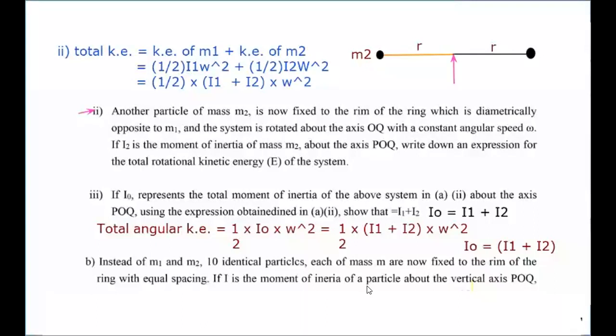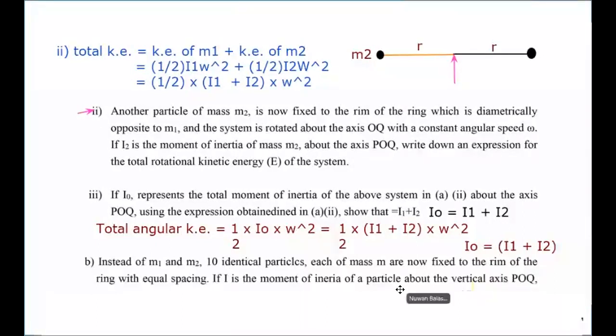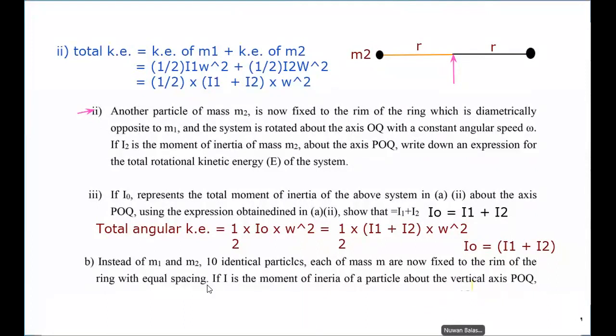If the moment of inertia of a particle about the POQ axis is, we have to go to the next page. Just remember the question. 10 identical particles, each of mass simple M, are now fixed to the rim of the ring with equal spacing.